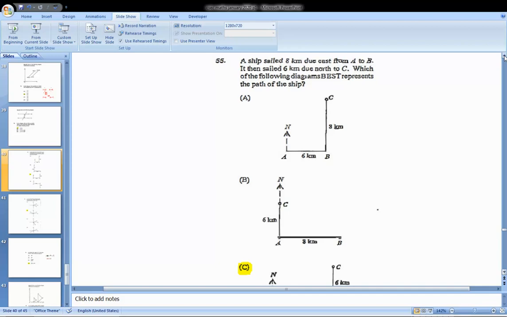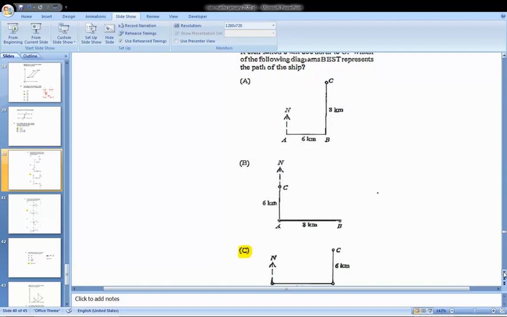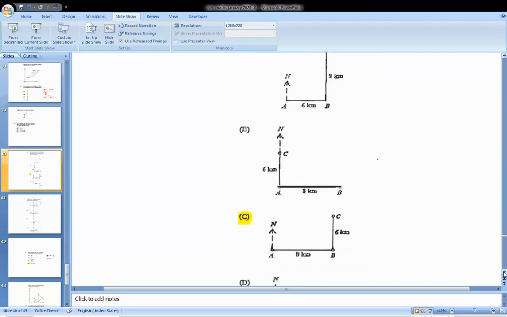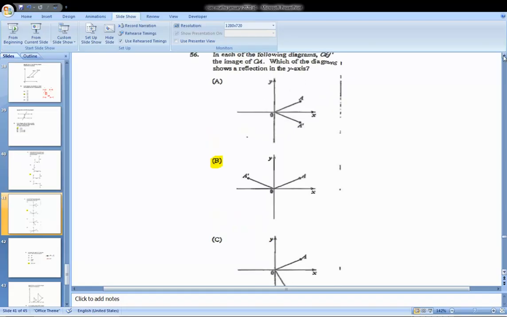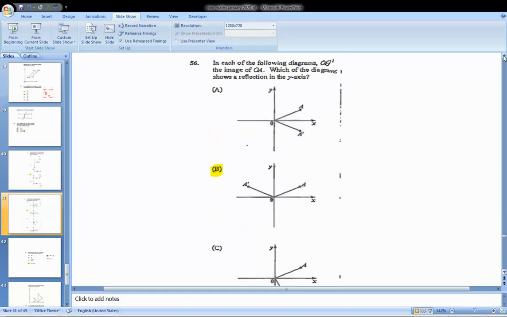So first, it says 8 from A to B, and then this is what our diagram would look like. So C would be our answer. Let's move on to our next question. 56. So 55, sorry, that would have been C.